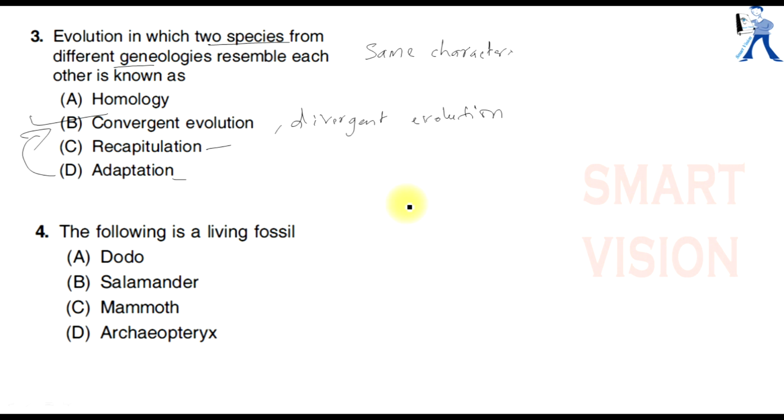For a living fossil, the living species known from fossil records is called a living fossil. It means we know a still existing organism was present in a prehistoric era from the records of fossils. Otherwise, a low rate of evolution is also called a living fossil. Okay, dodo, what is dodo?